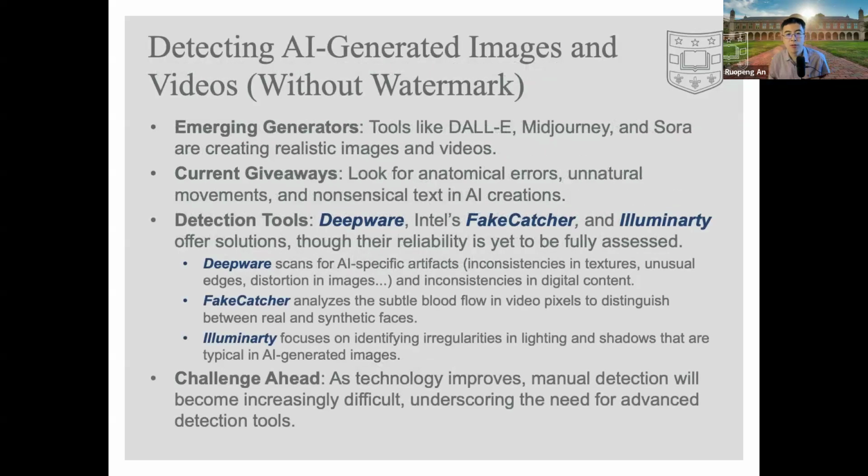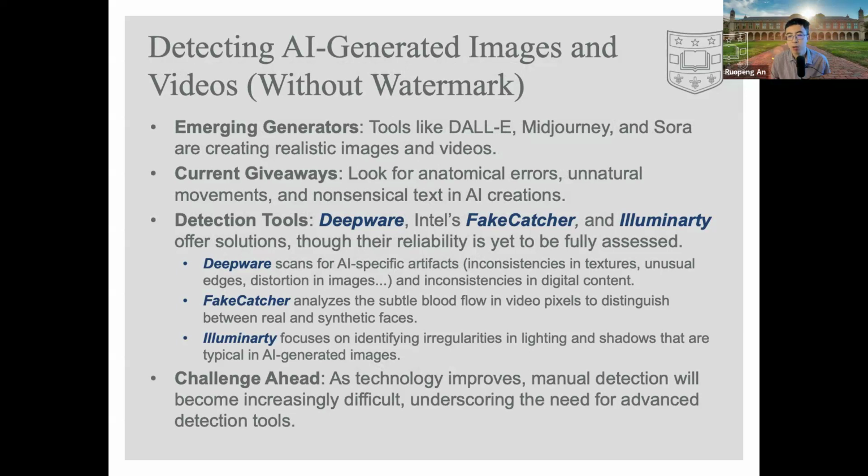So let's take a look at some of those technologies on image watermark embedding to prevent plagiarism or to differentiate AI versus human painting. A lot of detection tools have been developed, for example, Deepware, Fake Catcher, and Illuminarty. Deepware scans for AI-specific artifacts.